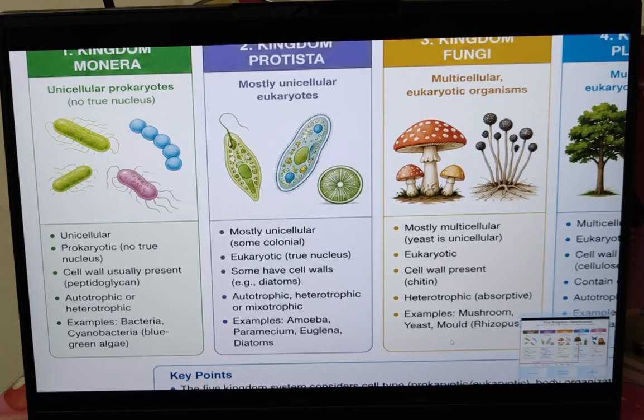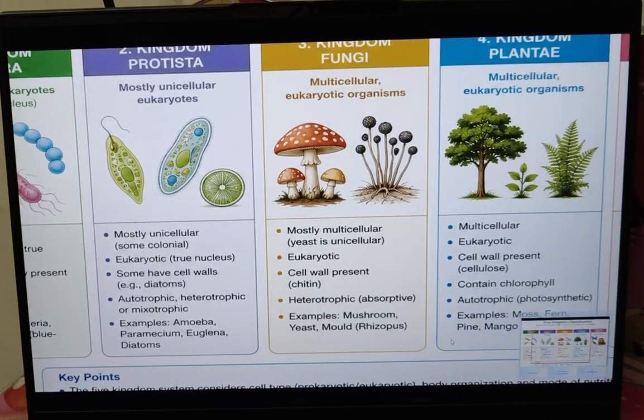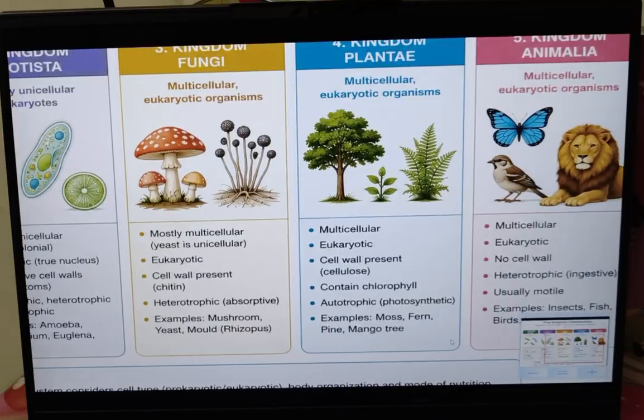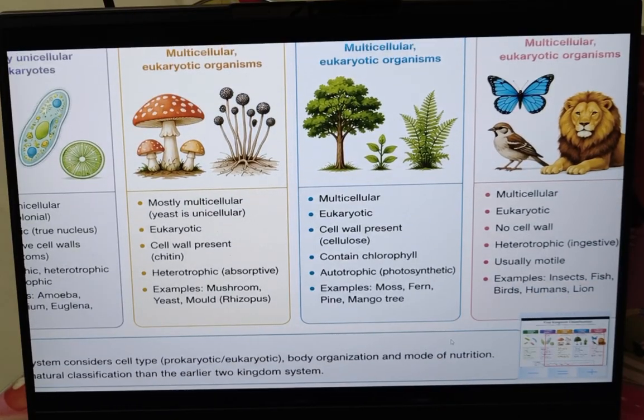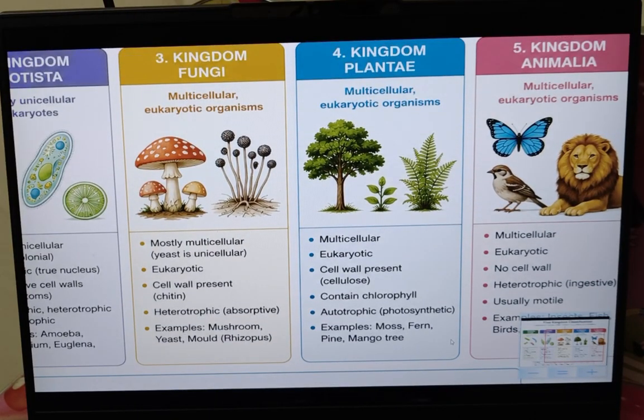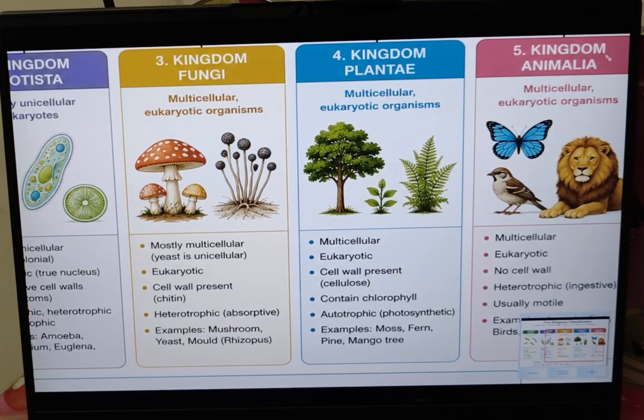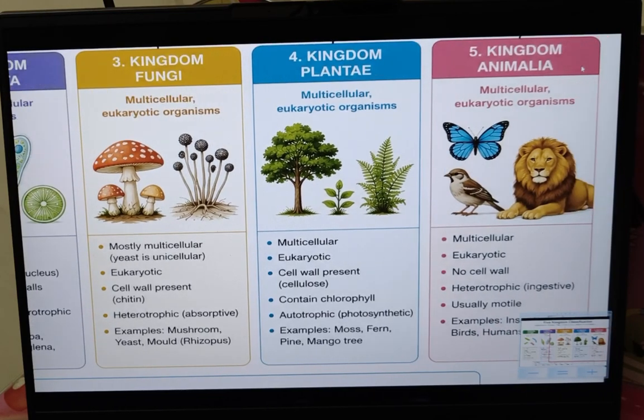Then we have kingdom Plantae. I think we already discussed kingdom Plantae and Animalia. Kingdom Plantae are multicellular eukaryotic organisms. Cell wall present, which is made up of cellulose, and it contains chlorophyll. They are autotrophic. Examples: moss, fern, pine, mango tree. Then kingdom Animalia.